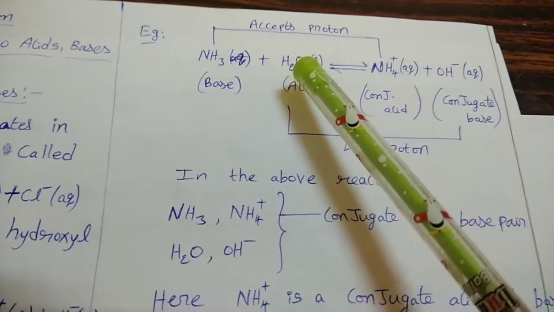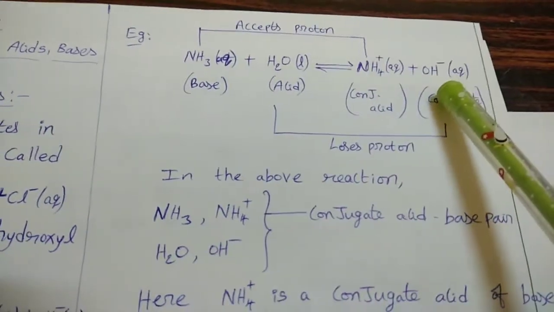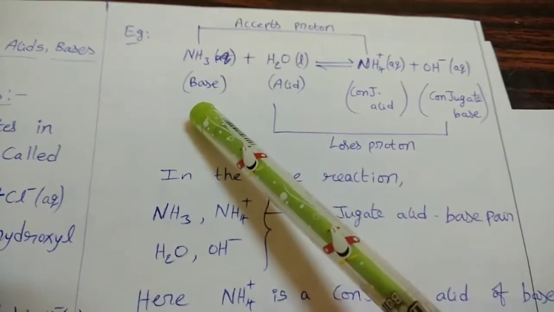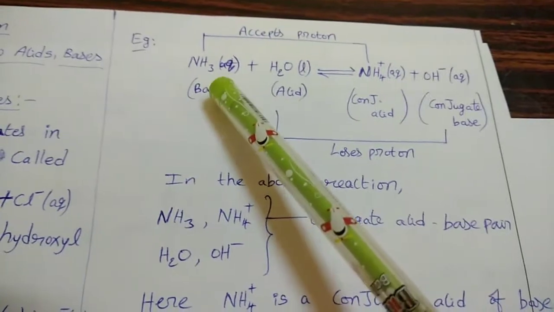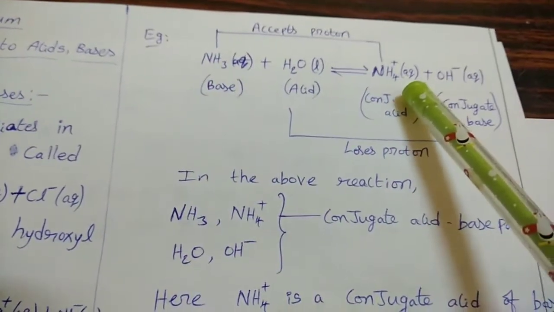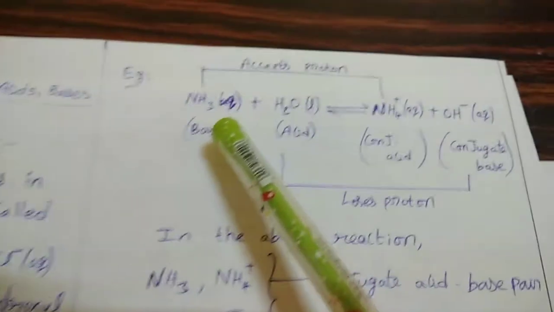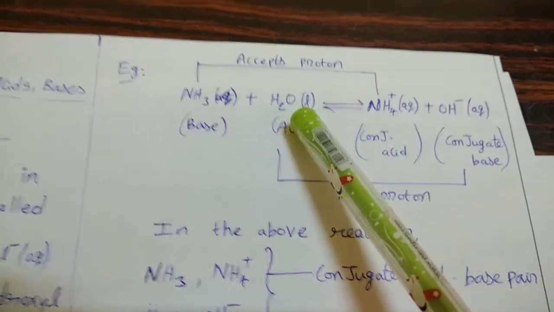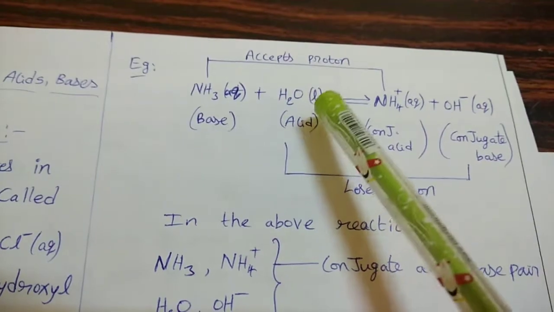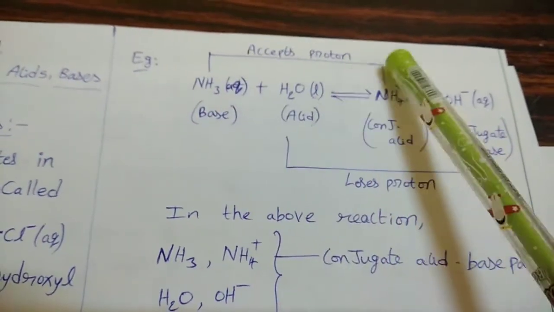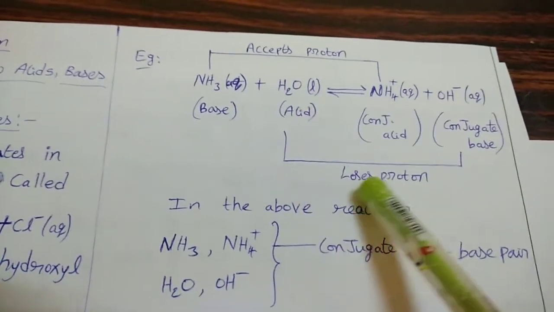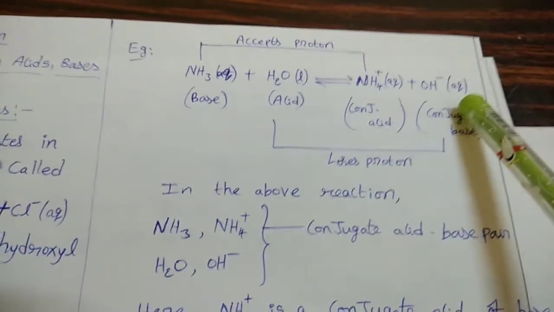H2O by donating proton changes to OH-. That proton is accepted by NH3 and changes to NH4+. So accepting proton by NH3, that's why NH3 is a base. H2O donating proton, so it is an acid. Accepting proton, we can get this one. Donating proton, losing proton, we can get this one.